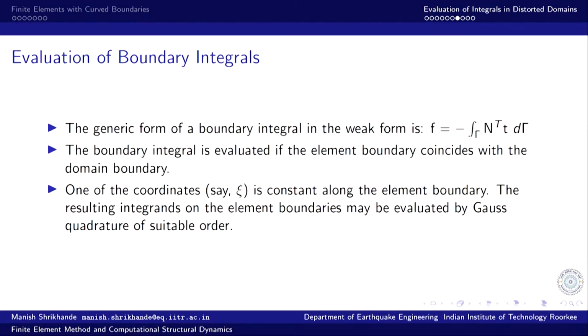So, the resulting integrands on the element boundaries may be evaluated by Gauss quadrature of suitable order, because once we evaluate that constant value, the remaining terms on the boundary for the remaining variables can be evaluated by Gauss quadrature.